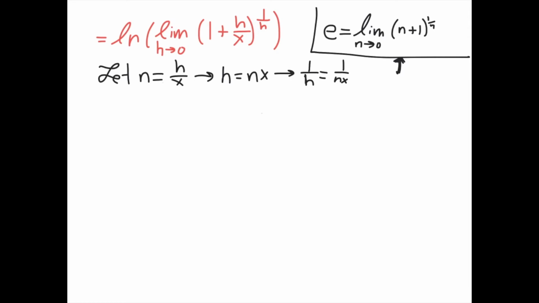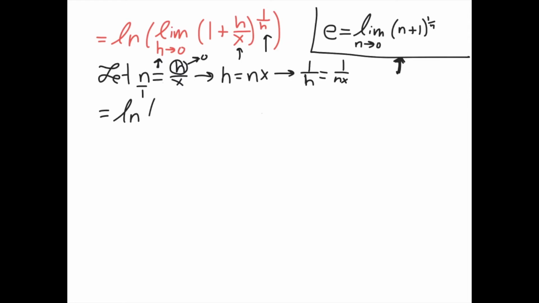Okay, so that way we can substitute in for our 1 over h, and we can substitute in for our h over x. The only thing left would be to substitute in for h itself. So let's think about what happens as h goes to 0. As h in this first equation goes to 0, you see how the n would also have to go to 0. So we can replace this h with n goes to 0. So let's see what we have now.